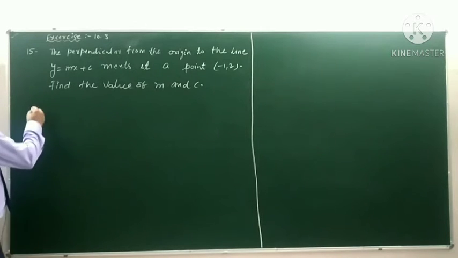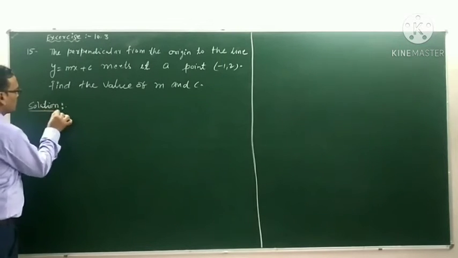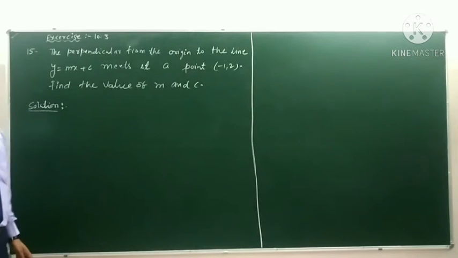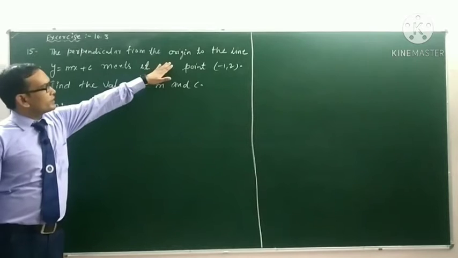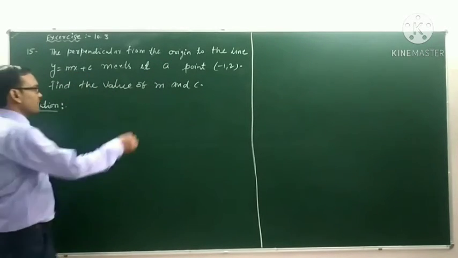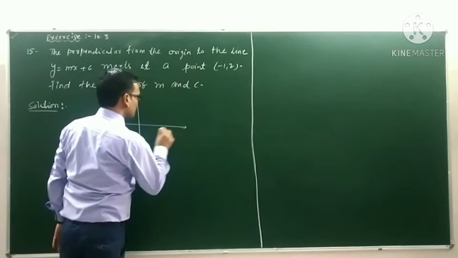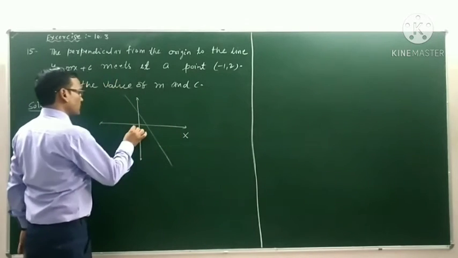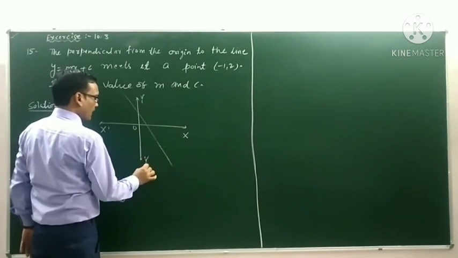Okay, we solve question number 15. First of all, we draw the figure of this question: the perpendicular from the origin to the line y equal to mx plus c in a Cartesian plane, with axes XOX' and YOY'.